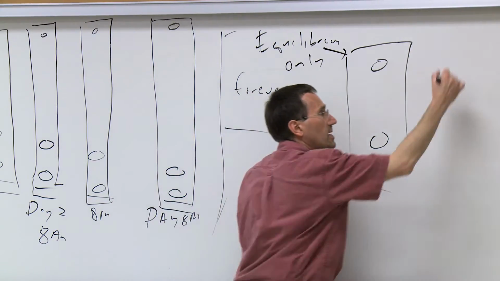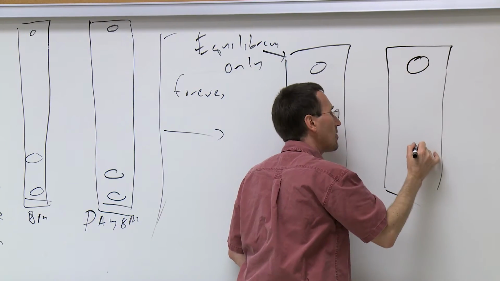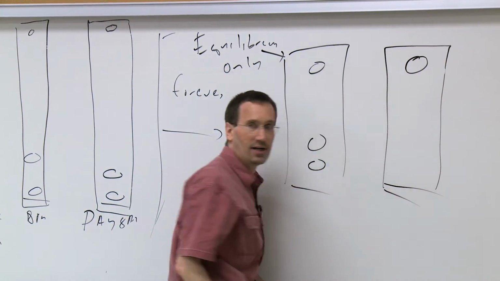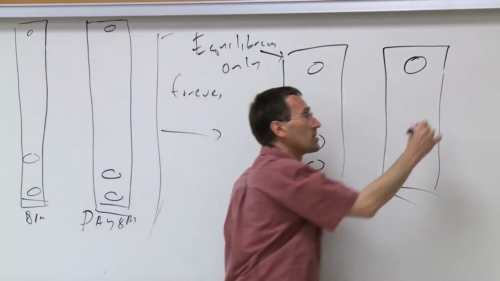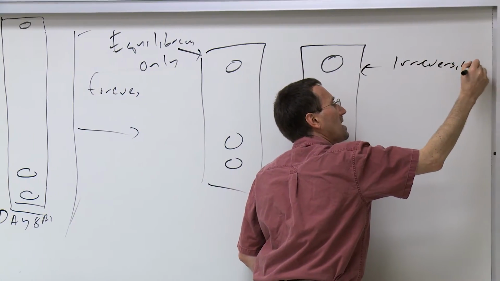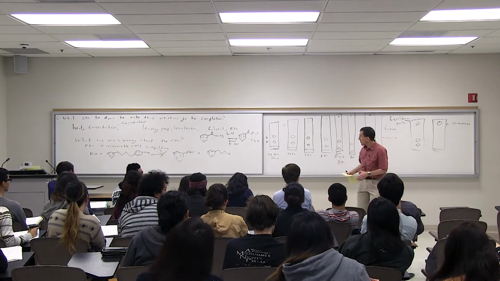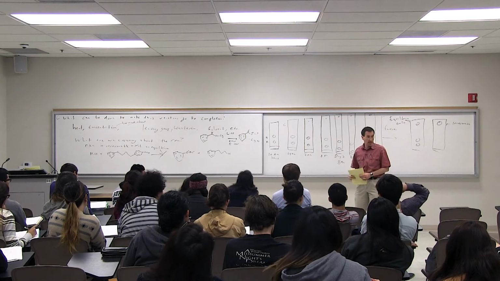What I'm assuming here is that if you wait forever, well beyond your graduation, it's going to look like this. So this would be irreversible. Maybe not well beyond your graduation. But that lies the conundrum.